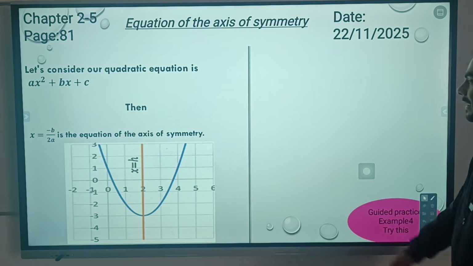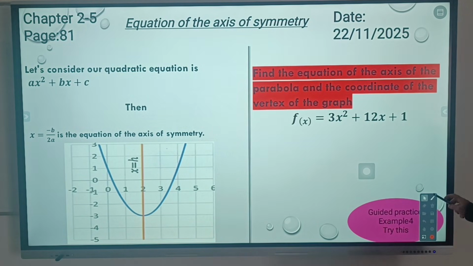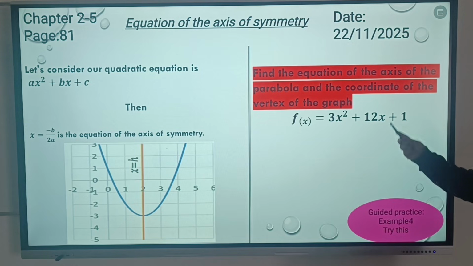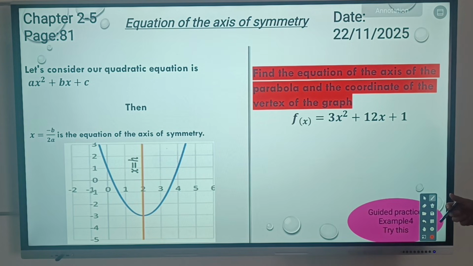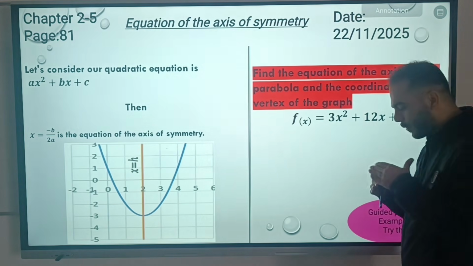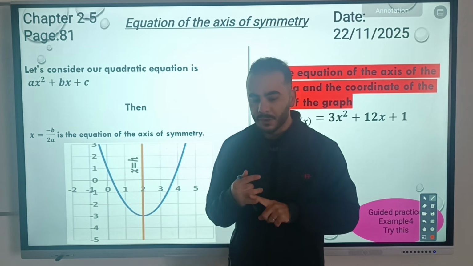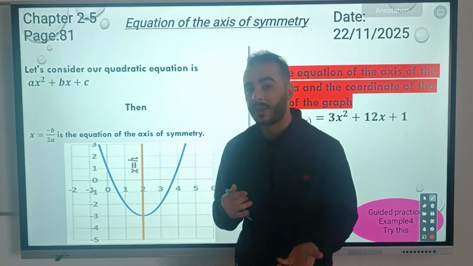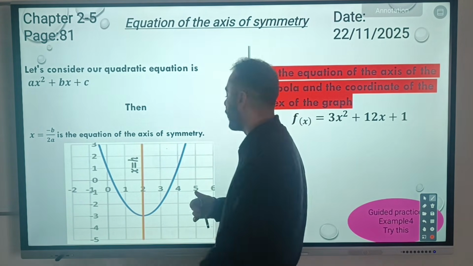Okay, let's clarify it with these examples. Here it says find the equation of the axis of symmetry of the parabola and the coordinate of the vertex of the graph. So here the question actually asks you 2 things. First, axis of symmetry, then the vertex. Let's see how we are going to find both of them.